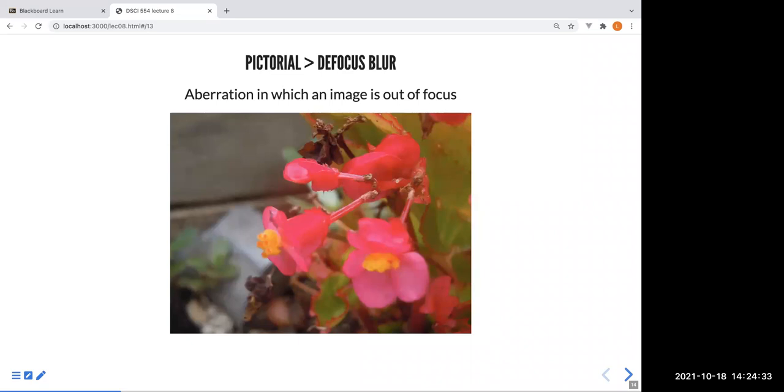So here in the picture, you see that it is trying to focus on the flowers, and so the background is completely defocused, and there we get this impression of 3D because of the blur that is between the forefront and the background of the scene.